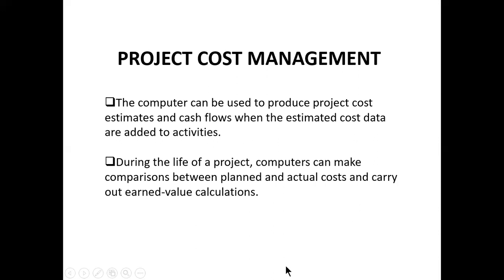As we discussed in proposal writing in lecture 9, which you can also see on YouTube, costing a project without the help of a computer is a lot of work. During the life of the project, computers can make comparisons between the planned and the actual costs and carry out earned value calculations, as we'll see later on.